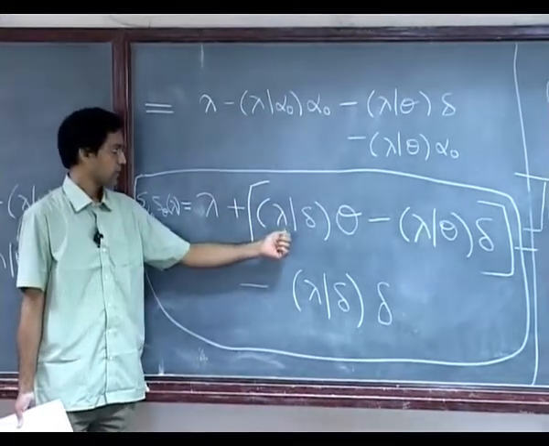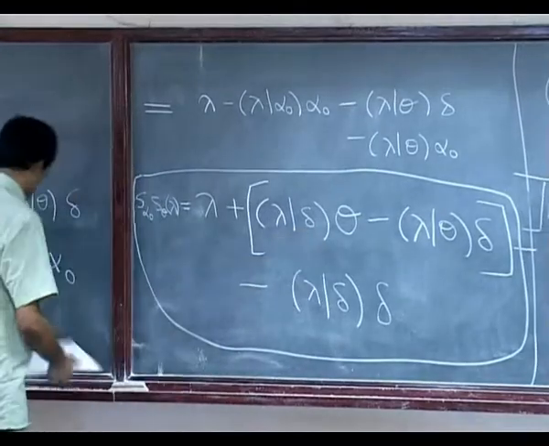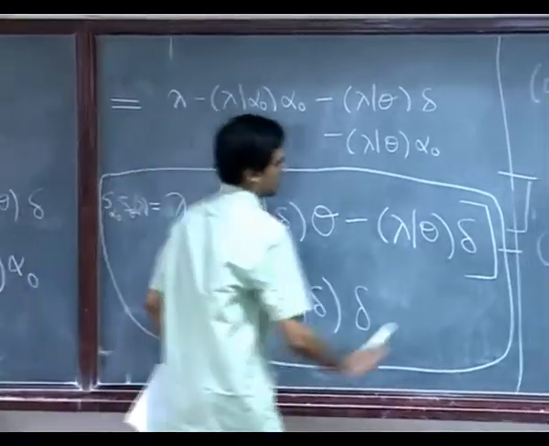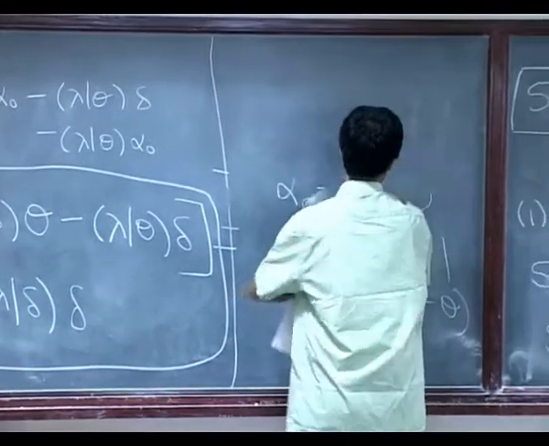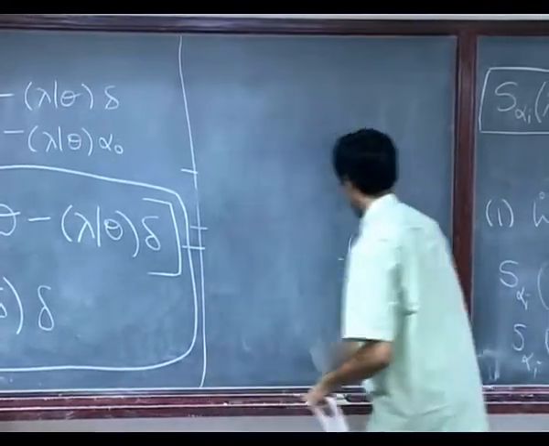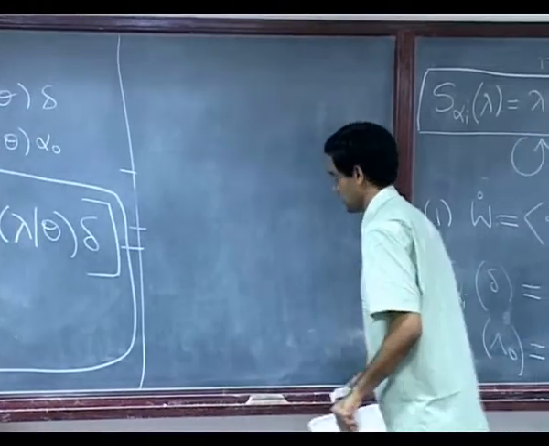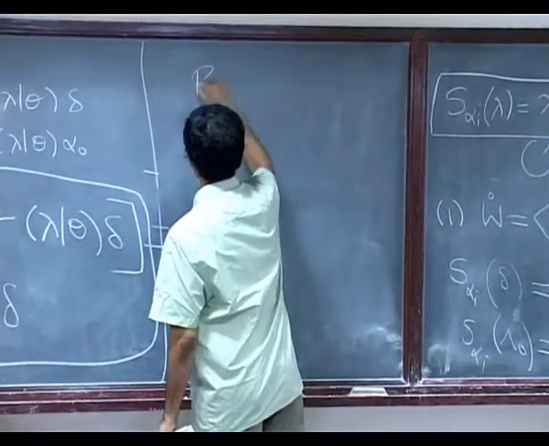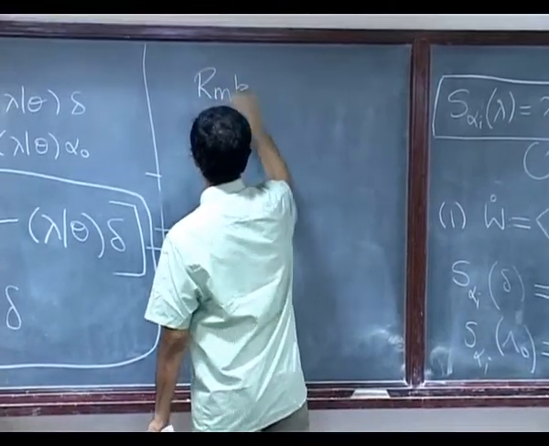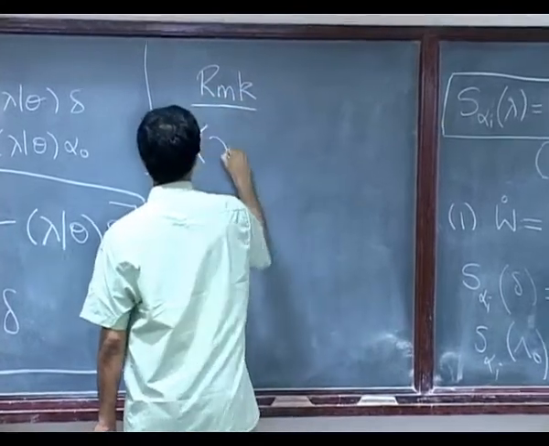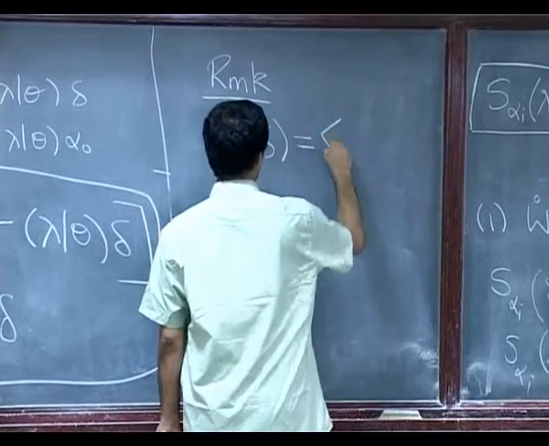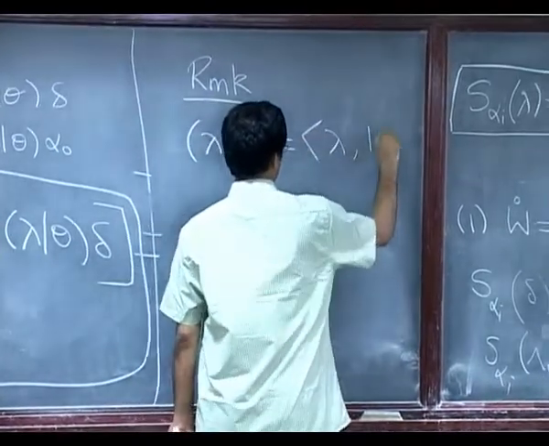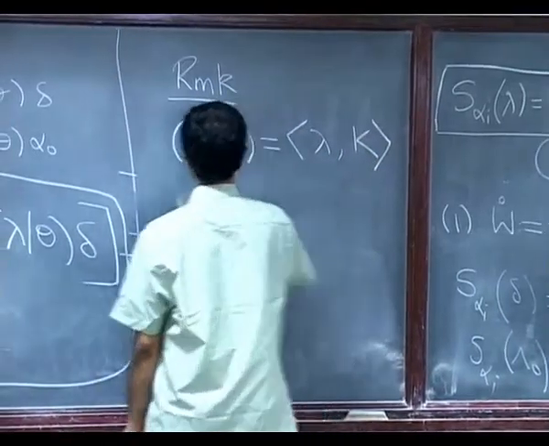When you have lambda inner product with delta, so observe, as a remark to sync up with what you saw this morning, taking an inner product with delta is the same as evaluating on K. Okay.